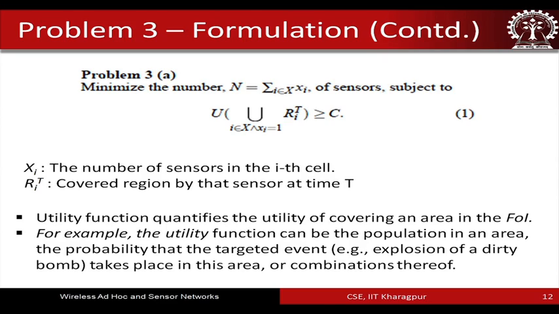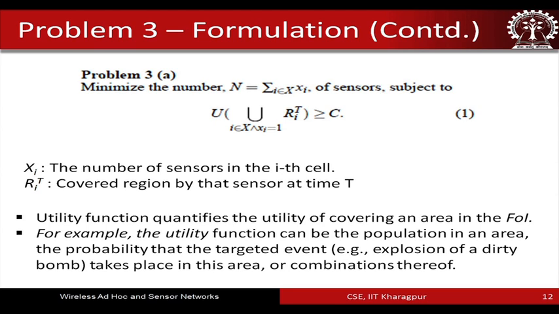Now, let us look at this particular problem formulation for the third problem. We have to minimize the number N, which is a summation of the x_i's, the sensors, subject to the condition given in equation 1, where u stands for the utility and R_i(t) stands for the region covered by a sensor at a particular time t, and x_i is the number of sensors in the ith cell.